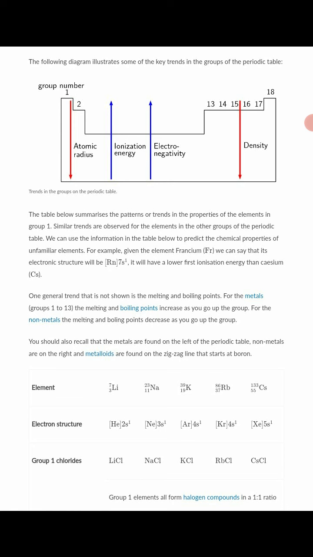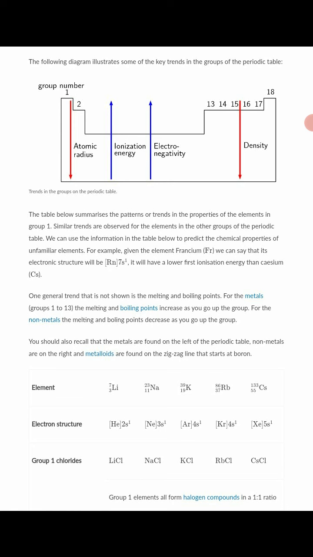For example, given the element francium is in group 1, we can say that its electronic structure will be that of radon and 7s1. Don't forget, for group 1 elements the last orbital configuration is s1. Hydrogen 1s1, lithium 1s2, 2s1. Can you see s1? Sodium 1s2, 2s2, 2p6, 3s1.